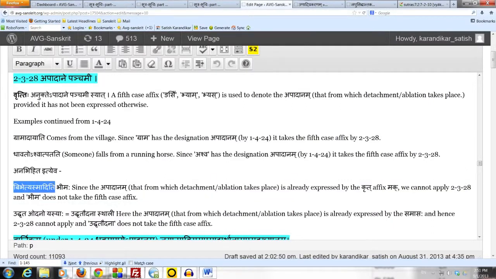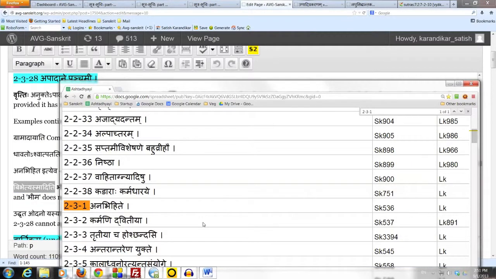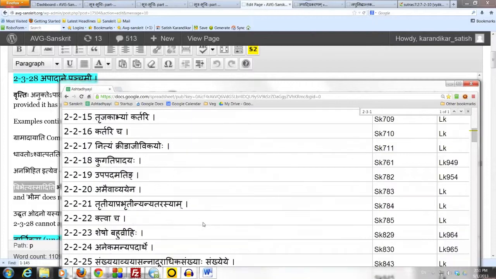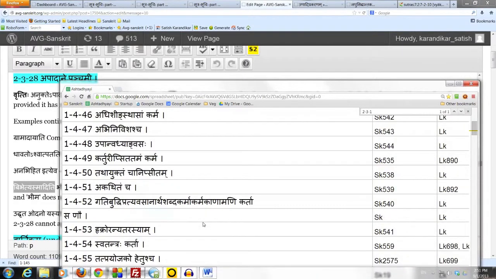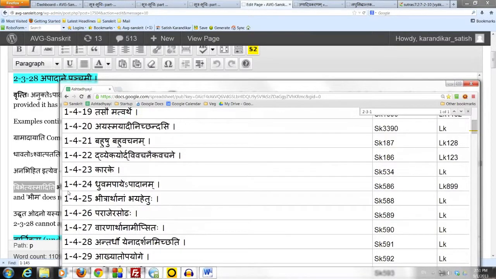Actually, Panini does have a sutram for this also. The sutram is 1.4.25. Bhitrarthanam bhayahetuho. But even without going to the sutram, we can see that there is a mental detachment, and hence the one from whom there is fear gets the designation apadanam.